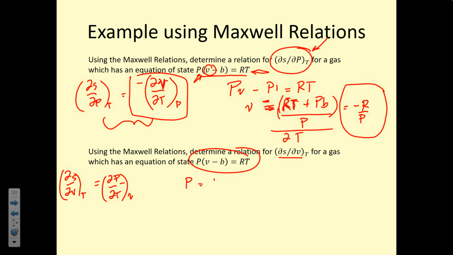So P is equal to RT over V minus B. That's right. So del T of RT over V minus B is just equal to R over V minus B. Right? So the derivative of T is 1, and then we multiply by R over V minus B, which is our constant.